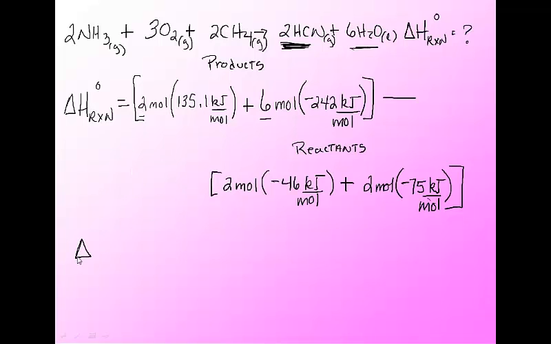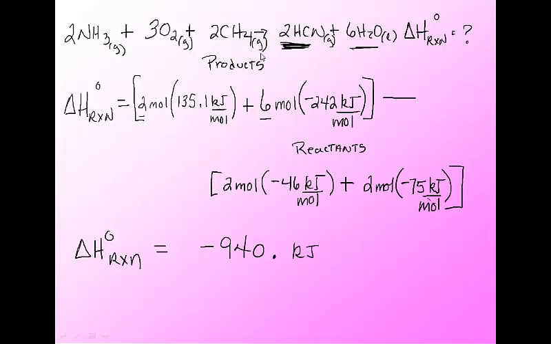Put it in your calculator, or me, I kind of write it all out. But what I get is, and you'll notice there are no per mole because mole per mole is for heat of formation. This isn't technically heat of formation.